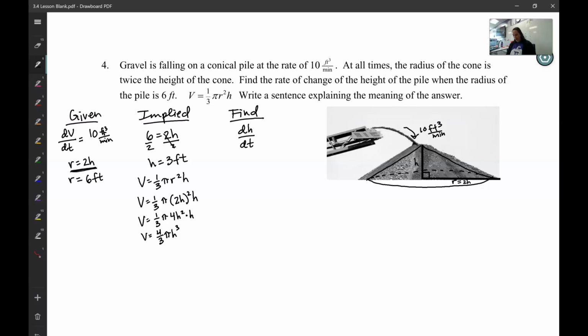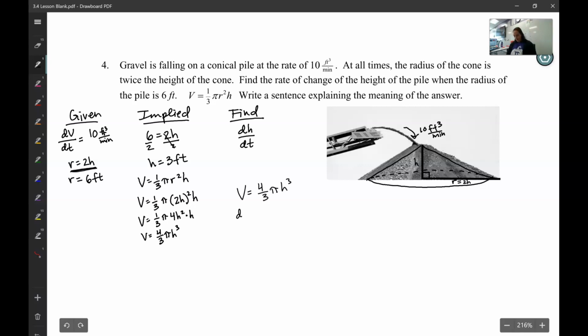So, we have given, we have implied, we know what we need to find. Let's use our equation. That's going to relate all the variables. So we've got this one. Now it doesn't have R in it, but it kind of does because we just replaced R with 2h there, so we should be fine.